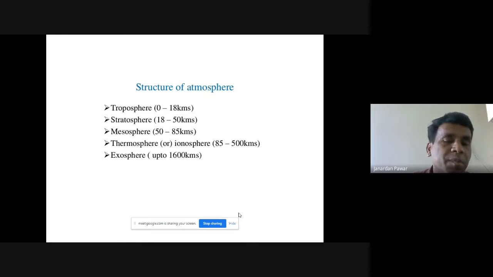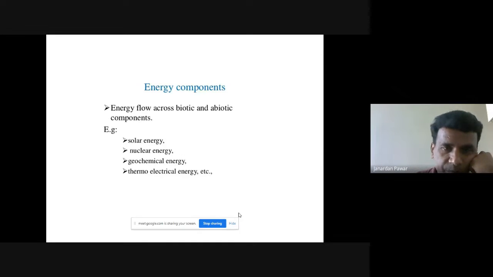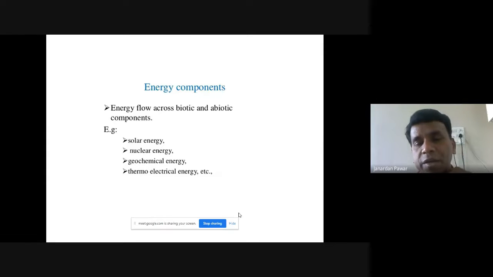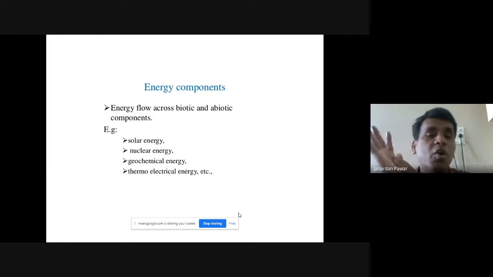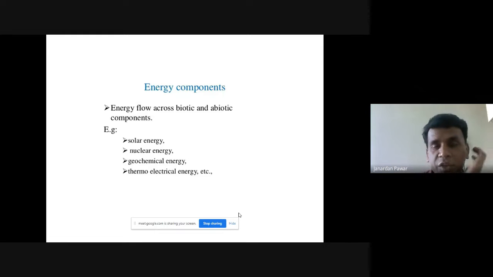I told you to remember this because it may be asked in MCQ questions in the final examination. Energy components also we have seen. There are different types of energy that we can consume, and those are solar energy, nuclear energy, geochemical energy, thermo electrical energy, etc. All these are types of energies, and they can be called energy components.